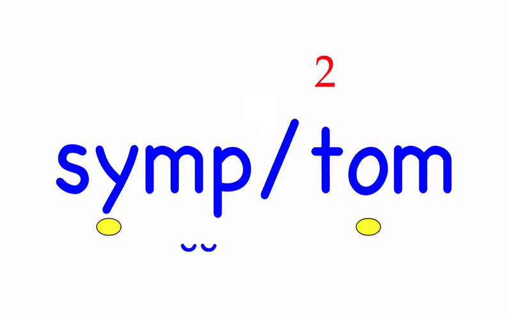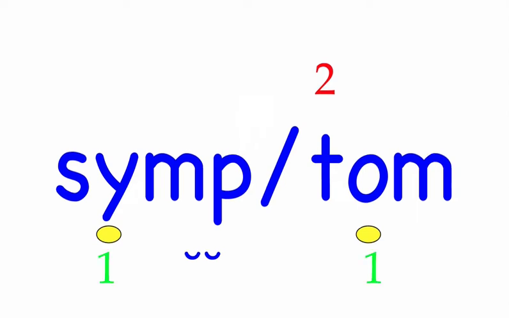Notice MP is a blend that must stay together in the first syllable of the word, so we indicate MP is a blend by placing half circles under both letters. Now that counts as a unit of 1 when you're counting consonants between your vowels. And then we associate vowel group numbers with our vowels. Symptom. Remember, when Y is followed by a consonant in a syllable, Y represents the short I sound.